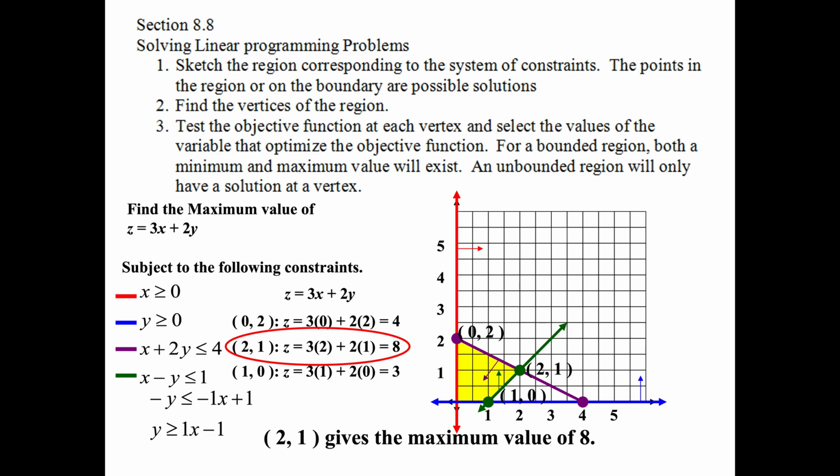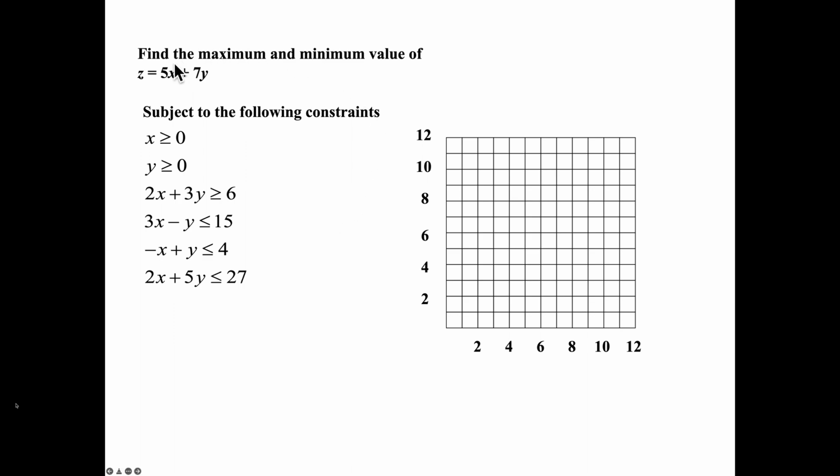All right, next example. Find the maximum and minimum value of this objective function, and holy cow, we have 1, 2, 3, 4, 5, 6 constraints here. All right, well, x greater than 0, y greater than 0, we know that's quadrant 1, so I'm just going to plop that in there real quick.